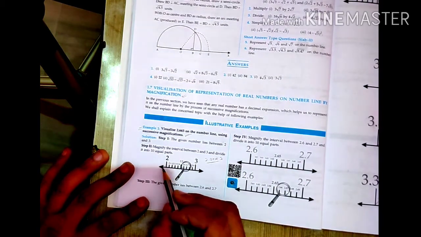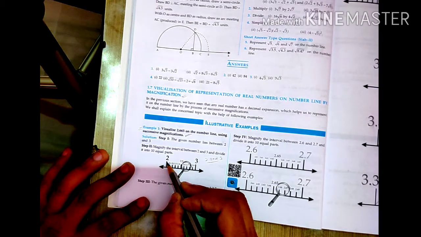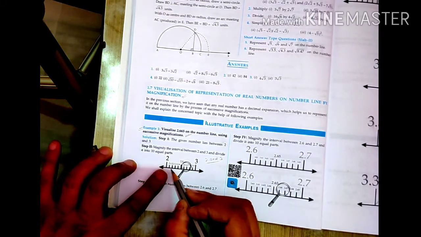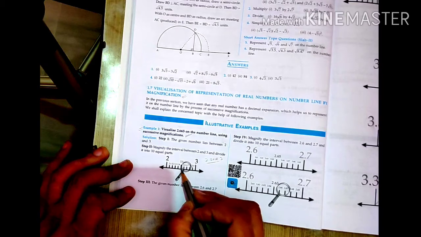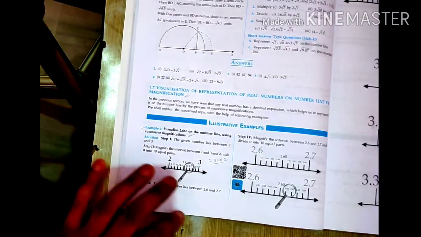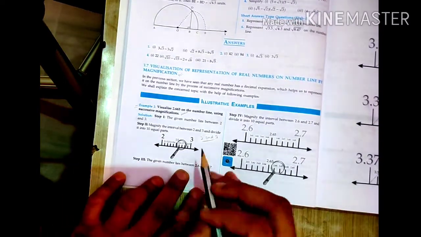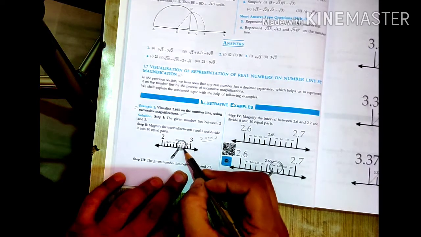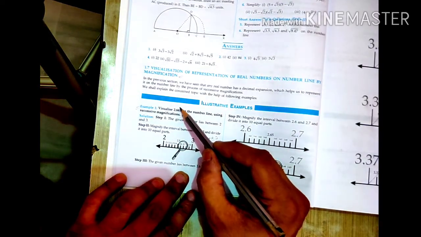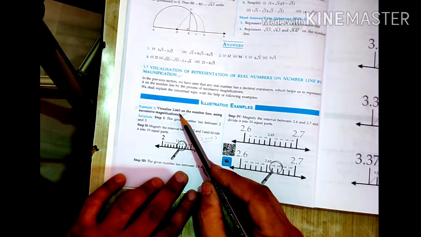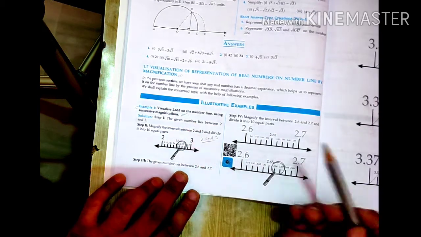First of all we will make a number line and mark 2 and 3, and make 10 equal parts between 2 and 3, which are 2.1, 2.2, 2.3, 2.4, 2.5, 2.6, 2.7, 2.8, 2.9 and 3. In the next step, we will magnify 2.6 to 2.7 because our number is 2.665. So 2.665 will lie between 2.660 and 2.700.